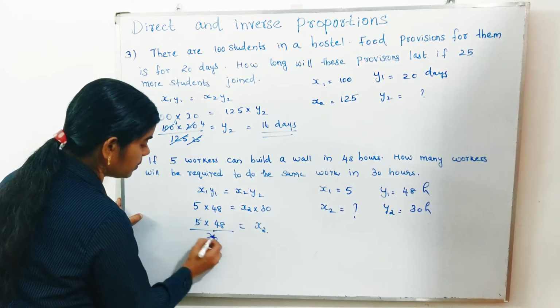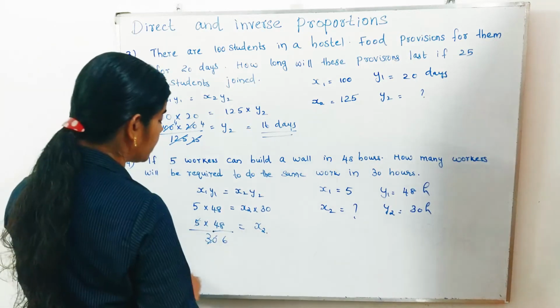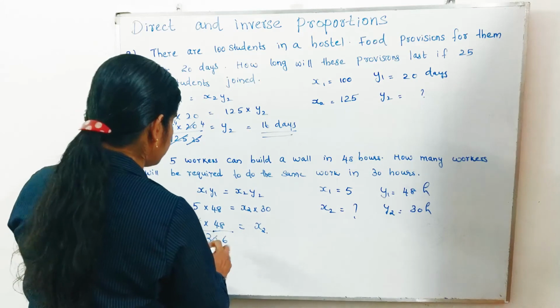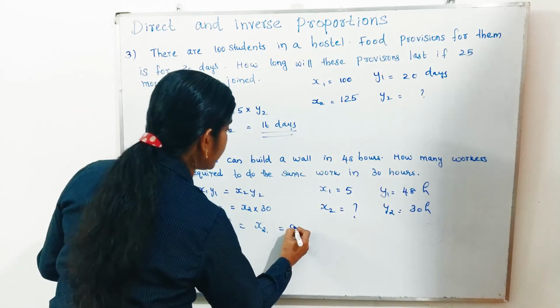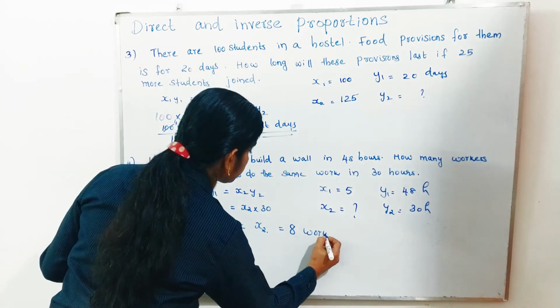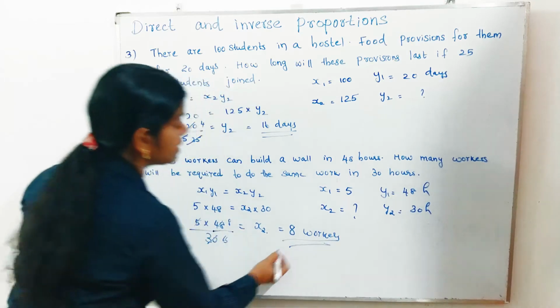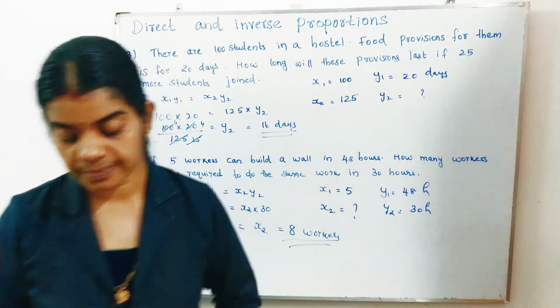Then 5, how many times? 6. Then 48 divided by 6, 8. So x2 is equal to 8. So 8 workers. If 8 workers are there, it will be finished in 30 hours.